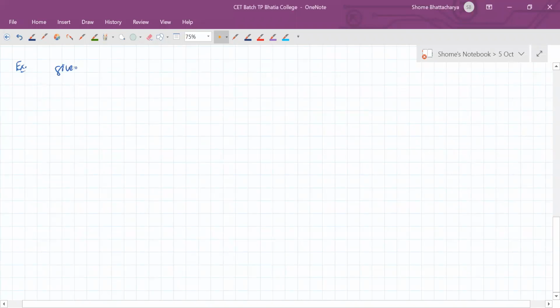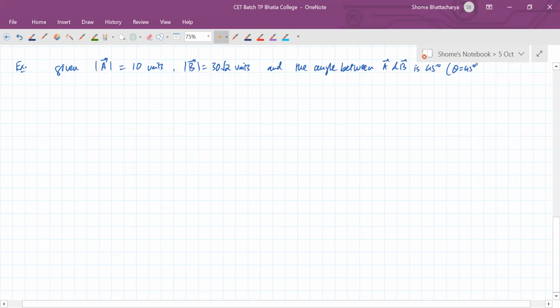So given vector A has a magnitude of 10 units and B has a magnitude of 30 root 2 units, and the angle between the two vectors is 45 degrees. Theta is equal to 45 degrees.